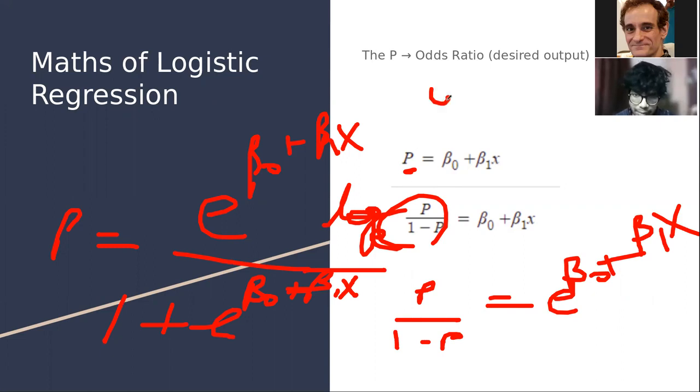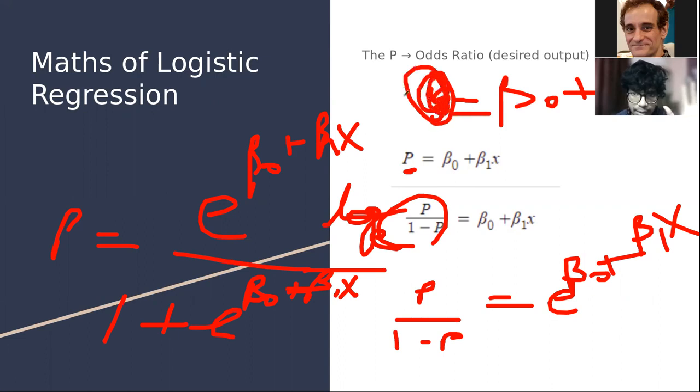So you have y equal to b naught plus b1x in linear regression. This is something we all agree on. But y can be anything. It can be z, it can be q, it can be r. But let's say I assume that whatever the y is, it is my log of odds ratio.